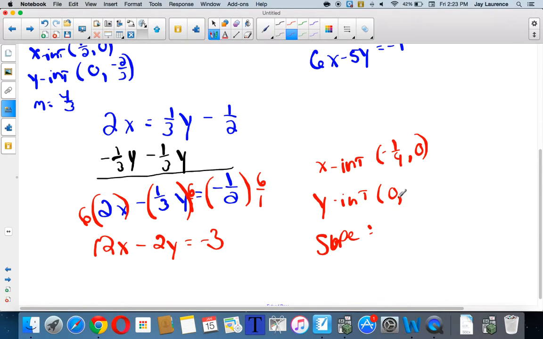The y-intercept is going to be 3/2. And the slope is going to be, I think, a +6. Yeah, I think that's right. -12 over -2. And that'll equal 6.